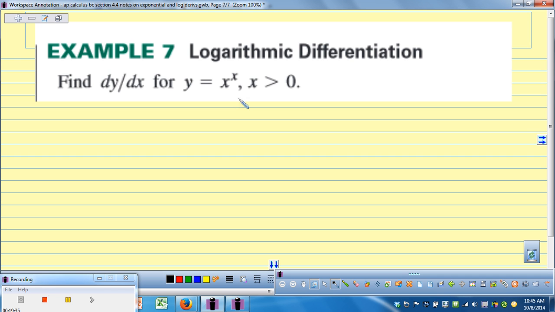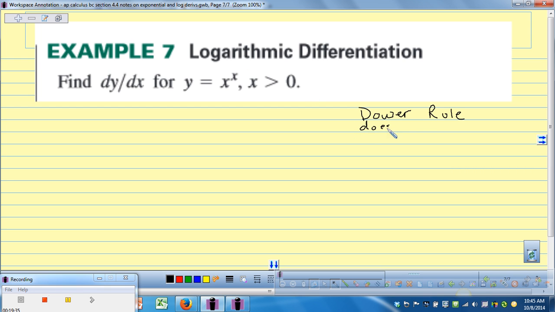Power rule does not apply, so write yourself a big note. Power rule does not apply when the exponent is x, or some function of x.